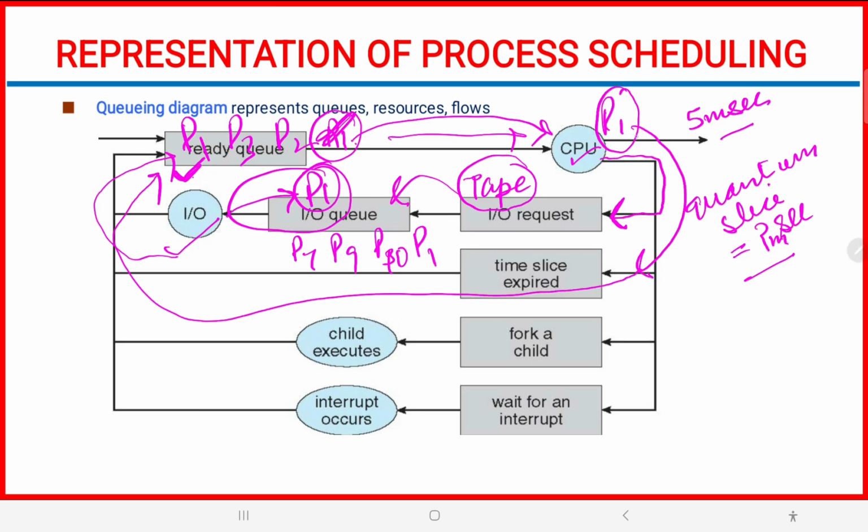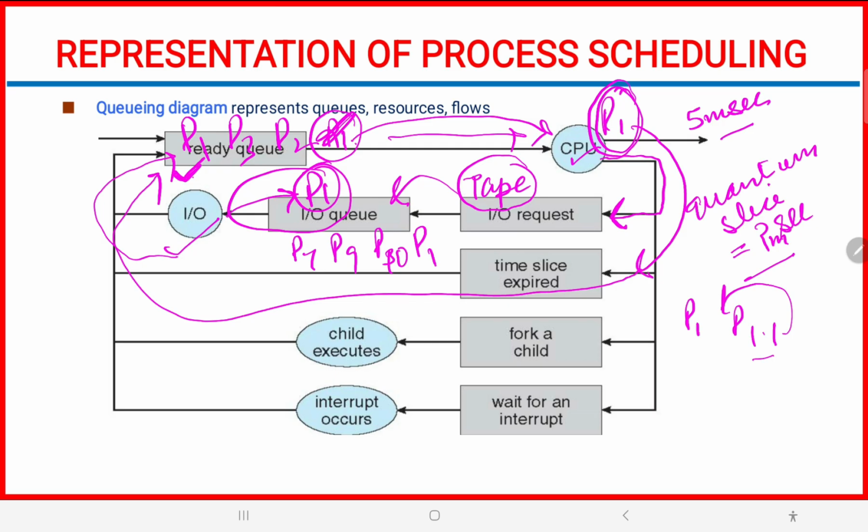The third possibility is that when that process was executing, suppose process P1 was executing, during its execution it has created a new child. That means P1 is now a parent and has gone for creation of a child. Let's name this process P1.1, just to have an idea that 1.1 is a child of process P1.